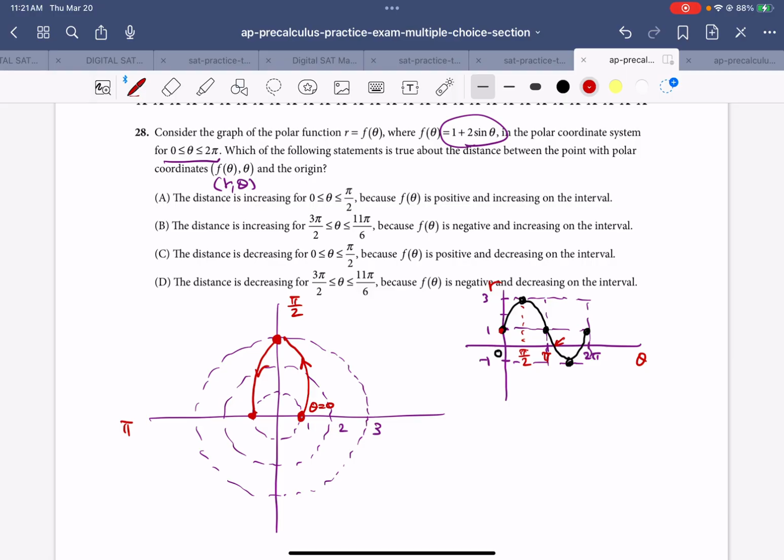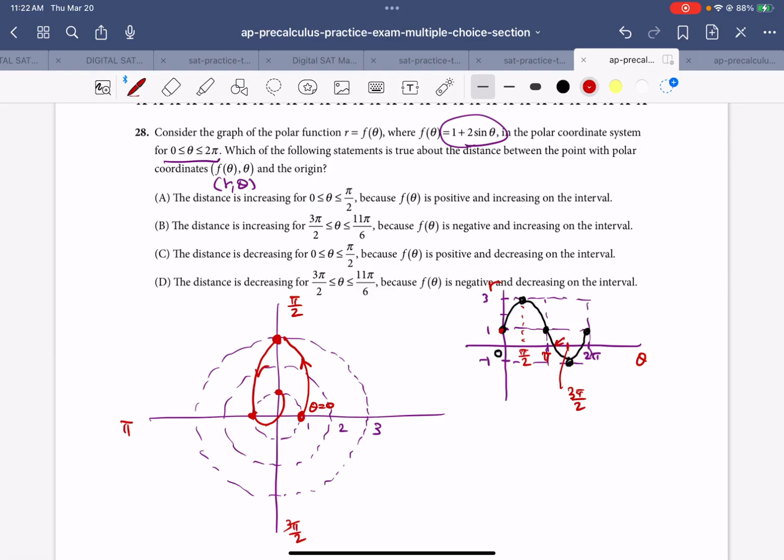So where are you going here? Then you should go this way, and when right here, that's 3 pi over 2, your r value is negative 1. So instead of going this way, you should end here and then pass through here. So it'll go this way, right?